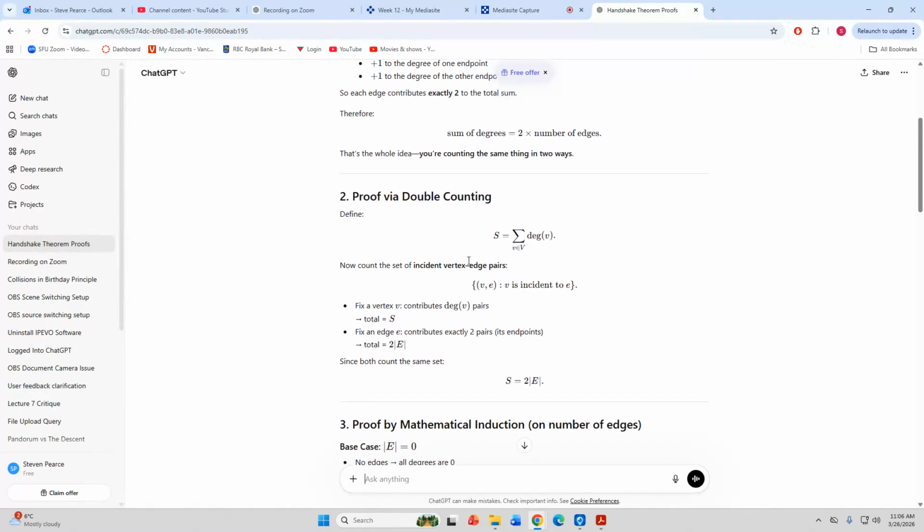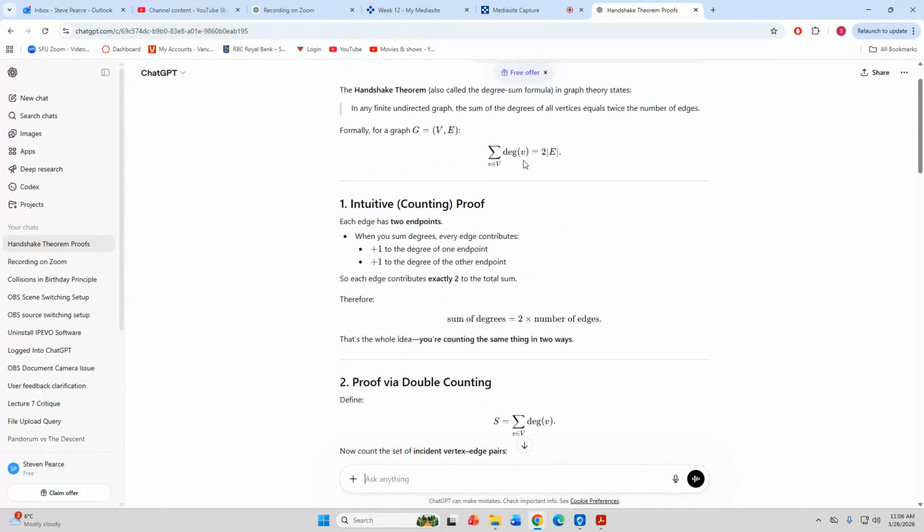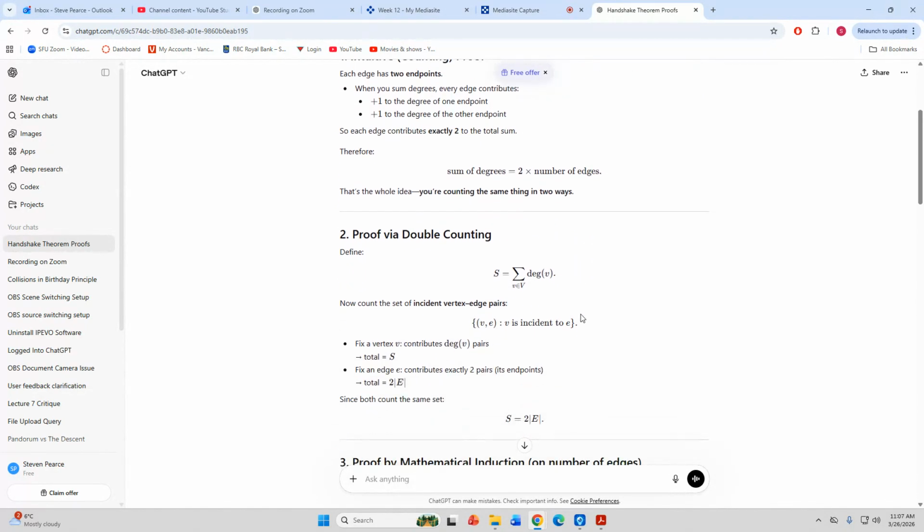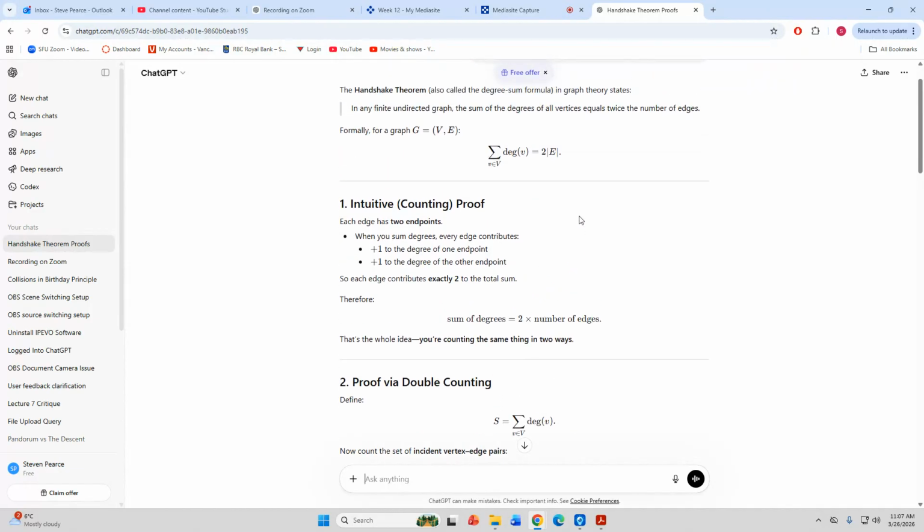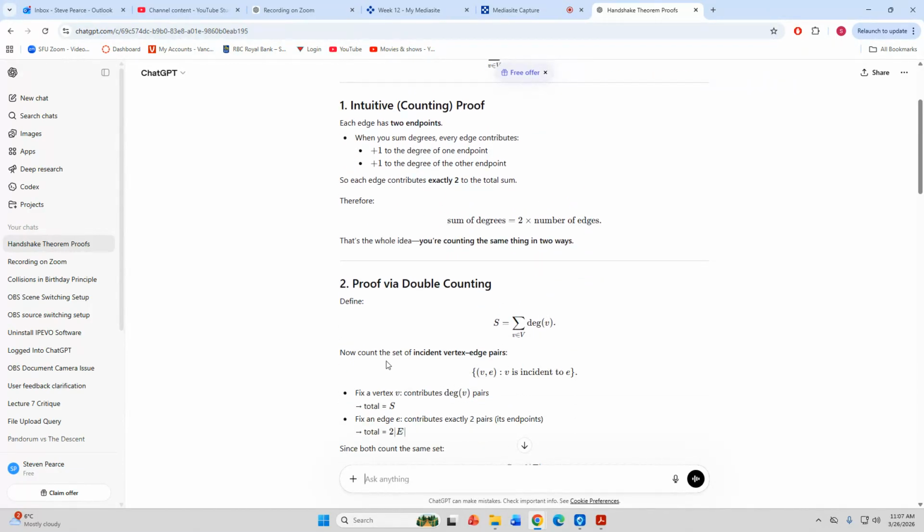So first of all, here we have that the sum of the degrees of the vertices is 2 times the cardinality of the edge set. Here we have S, okay, which is basically the same thing. They call it S here. Now count the set of incident vertex-edge pairs, okay?